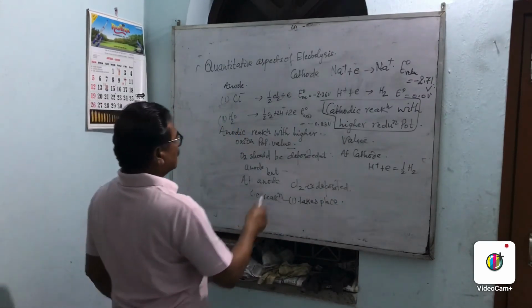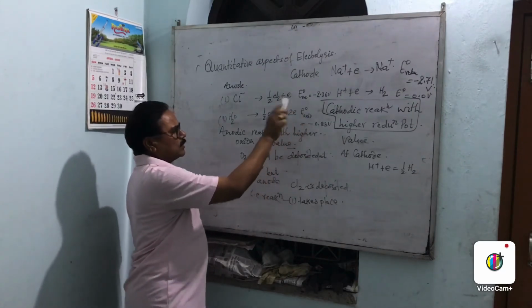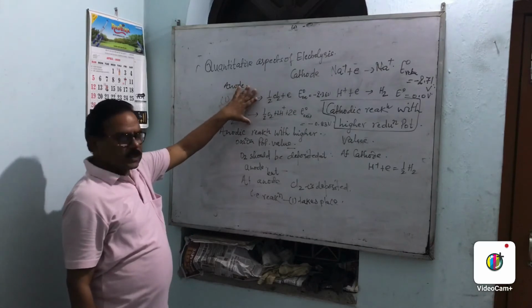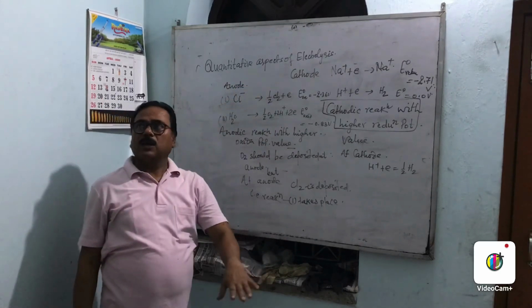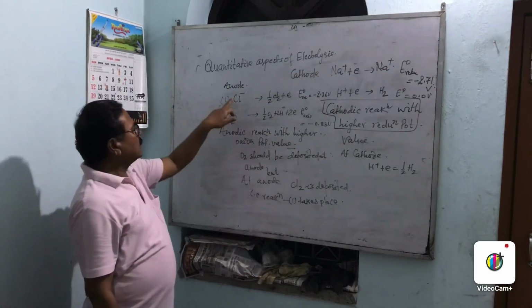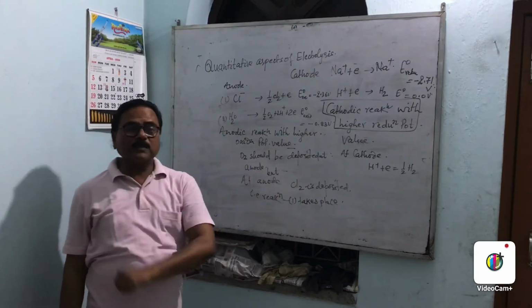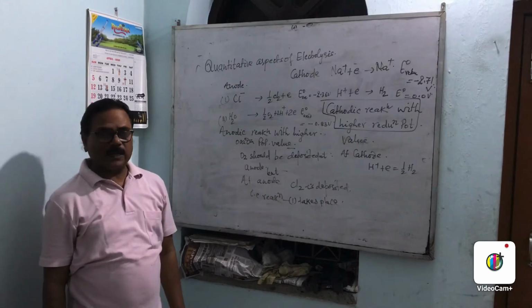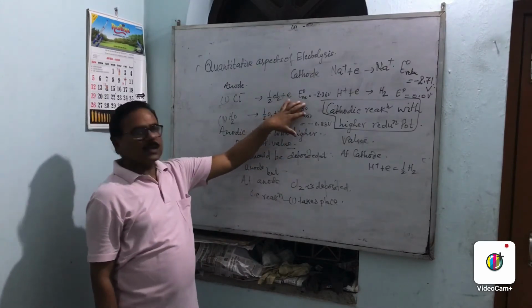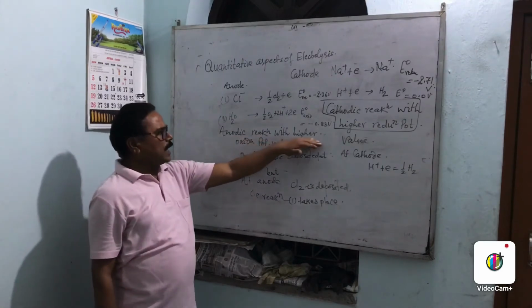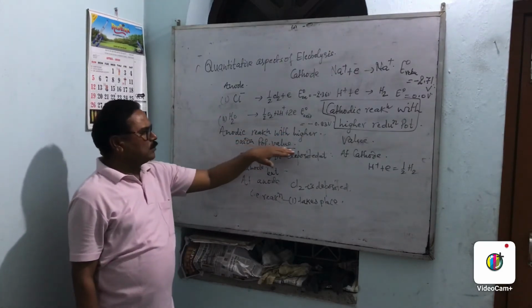Now, a question in front of you. If there is a competition between reactions to take place at the anode, then which reaction takes place can be decided on the basis of oxidation potential value. It is written: anodic reaction with higher oxidation potential value.